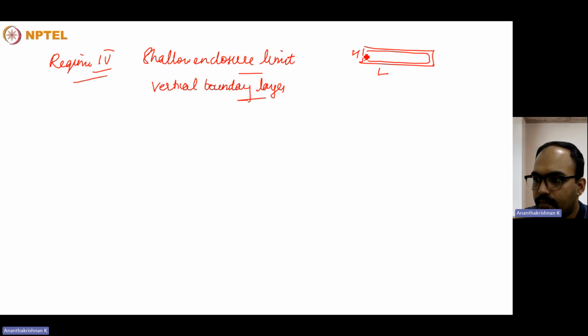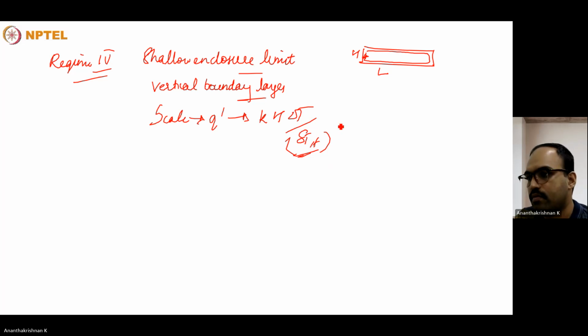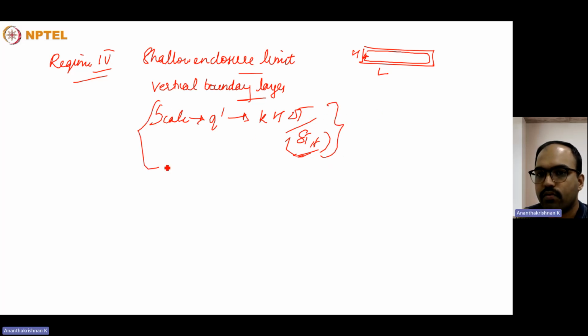And the scaling of heat transfer rate will again be of the same order: K into H delta T divided by delta T. So this is the case for the shallow enclosures.